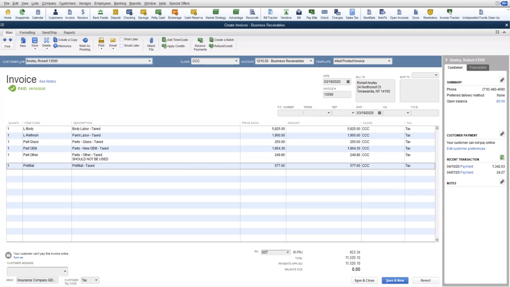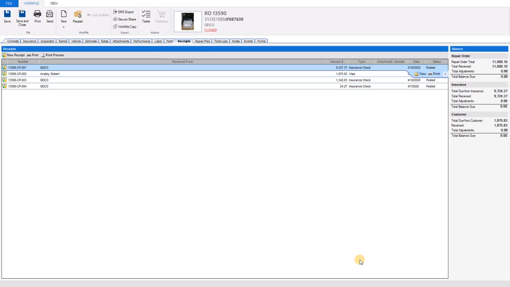But in this case, you can see that the total sale in QuickBooks, including sales tax, was supposed to be 11,520.10, but in CCC, it clearly shows that it was 11,600. So we got $80 more in QuickBooks than we should, which is telling me that it is a sales tax issue, most likely.